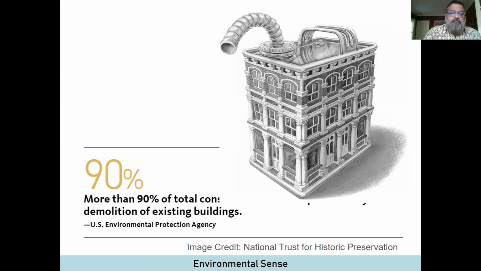Another reason why we continue to engage in adaptive reuse as a methodology is because of environmental reasons. The greenest building is one that is already built, because you save energy when you save historic buildings, because every building has embodied energy. Embodied energy essentially is the energy consumed by all of the processes associated with the production of a building.